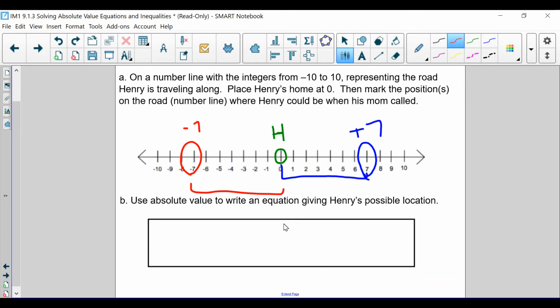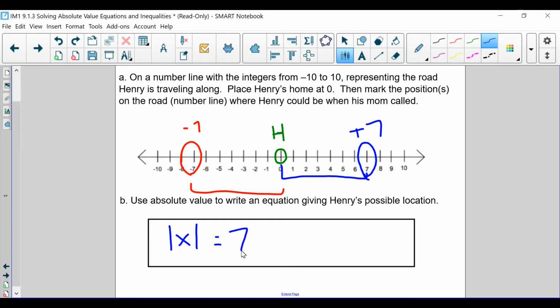So let's use the absolute value to represent that, where we would write the absolute value of x is equal to 7. The reason we say absolute value is because absolute value means the distance away from something.